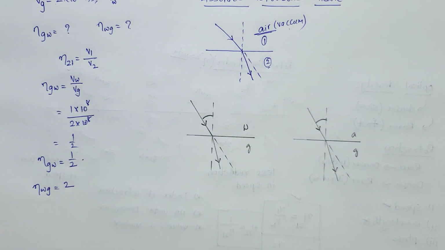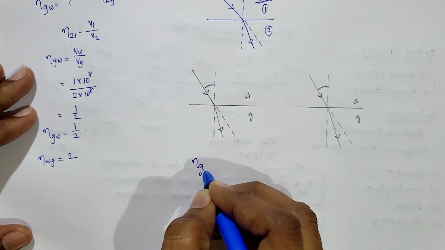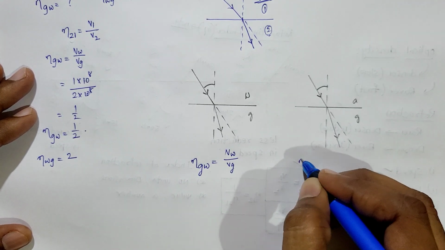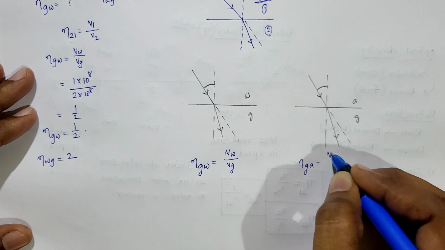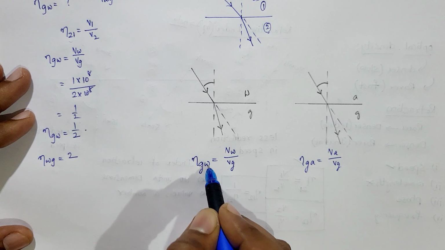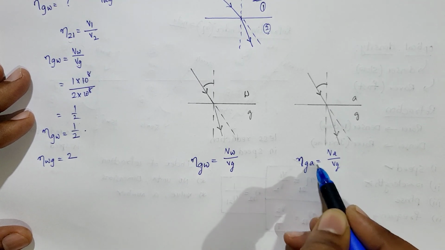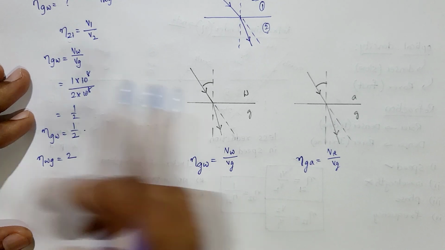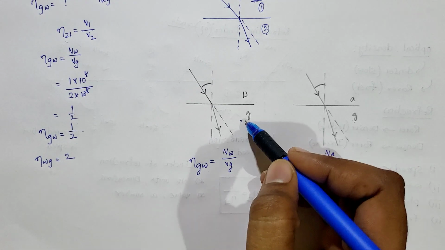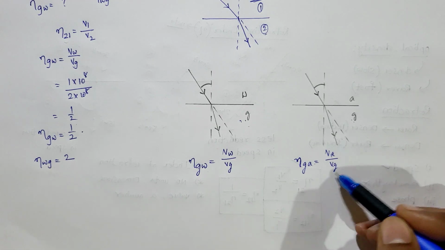Now you want to find refractive index of glass with respect to water. It is VW divided by VG. Refractive index of glass with respect to air is VA divided by VG. Same glass medium, but the refractive index of glass with respect to water has some value, and with respect to air has some other value.